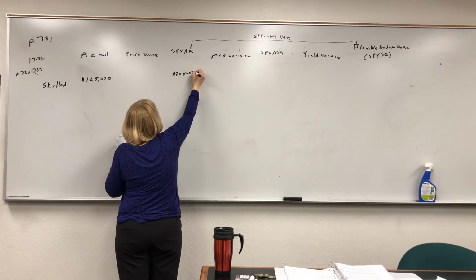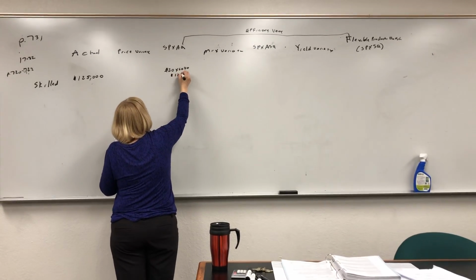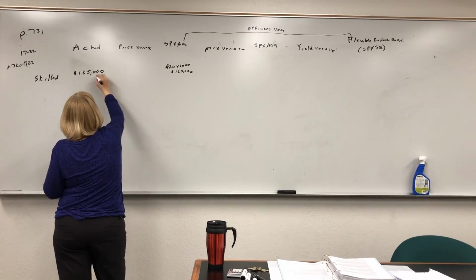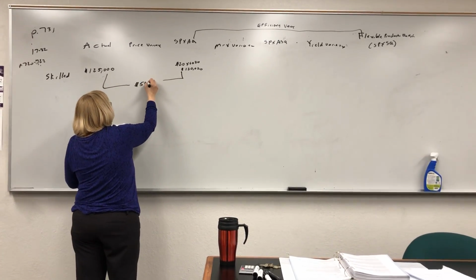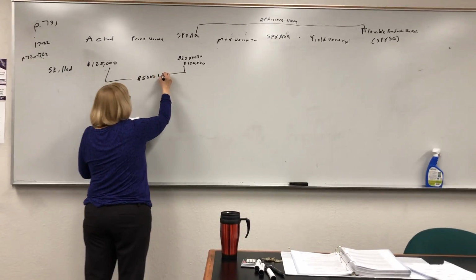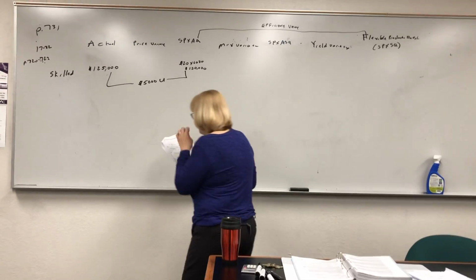So that gives us 120,000, which is $5,000 less, so our price variance is $5,000, and since our actual was more, it is unfavorable.